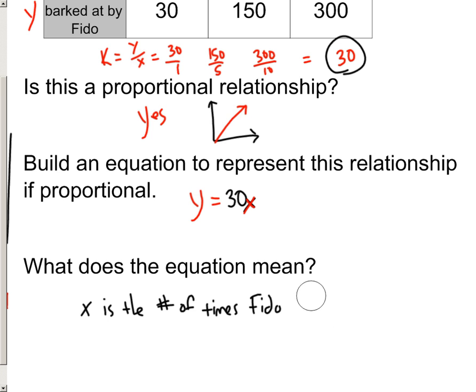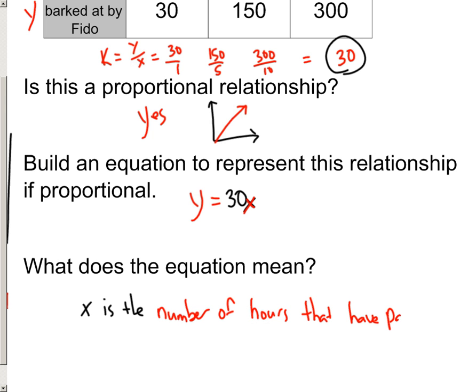And that's what I want you to do, is I want you to start using the table to tell you what the x is. Because if you have a table, then you can look at the equation and it'll tell you x is the number of hours that have passed. y is the total number of times Fido's barked at you.